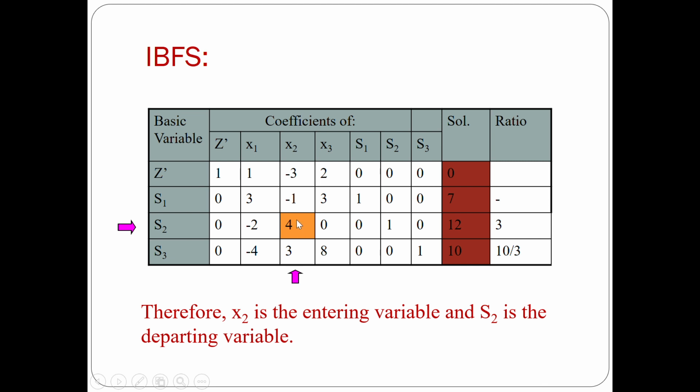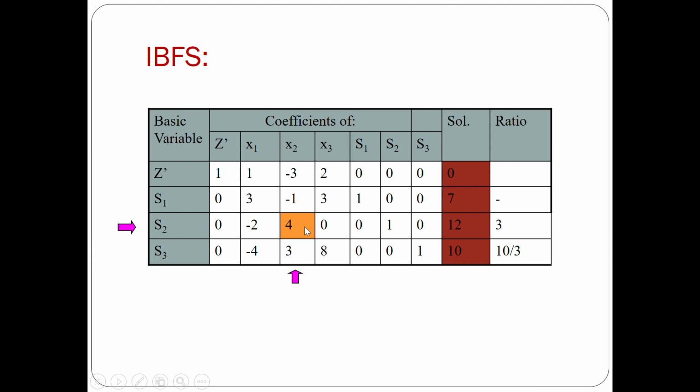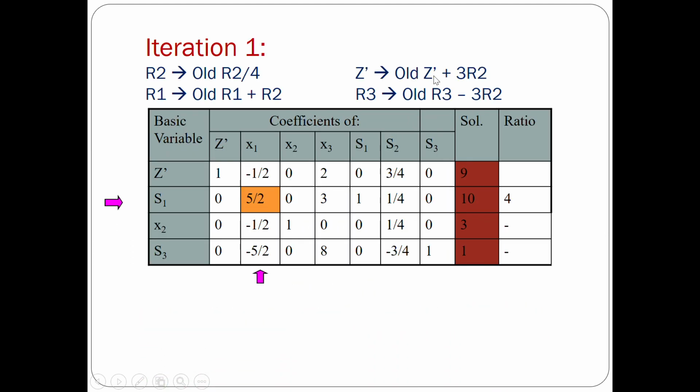So if it is 1, this would be, this is actually minus 3. So the key row should be multiplied with 3 and then added. So while coming to the z function row, it will be old z plus 3R2. Like this. The same way we have to do the row operations like this.